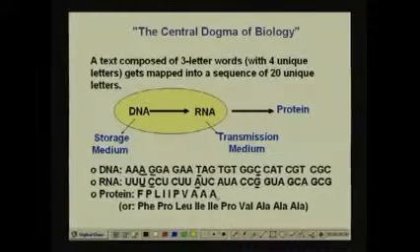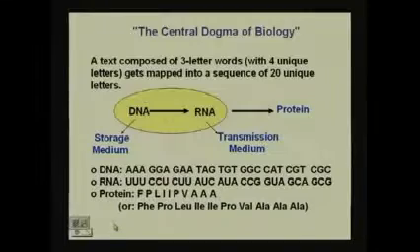The protein alphabet is comprised of 20 unique letters that tell us what the protein sequence is. We will understand what an amino acid sequence is once we get into the details of what is the peptide bond and what is an amino acid.